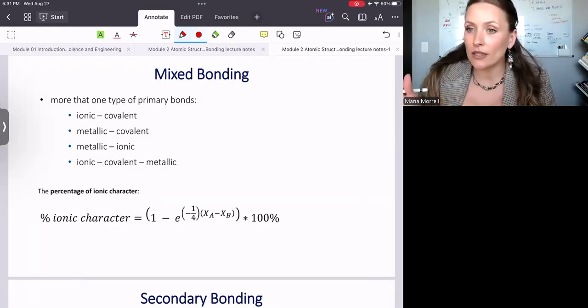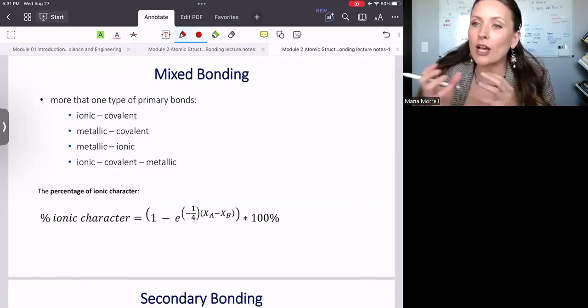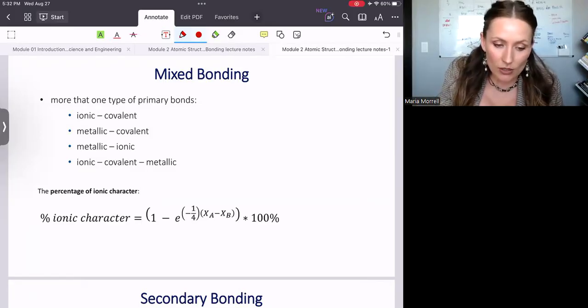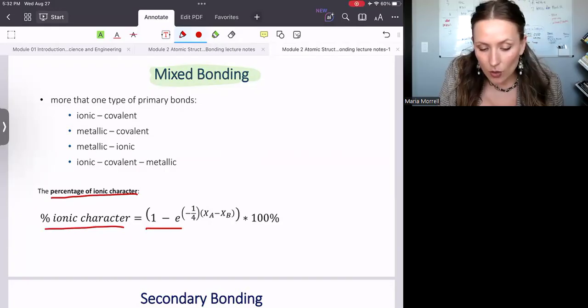When it's a non-polar covalent, it's very, very clear. And how do I define how much ionic character the material possesses, right? Well, usually it's called a mixed bonding, and usually we define it as the percentage of ionic character. And here's the equation, right?